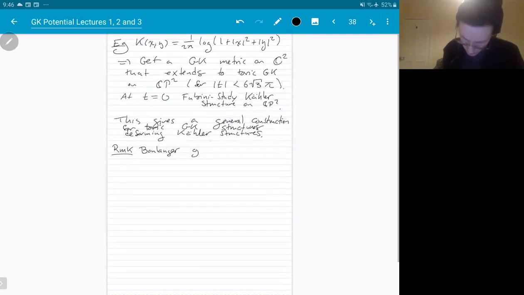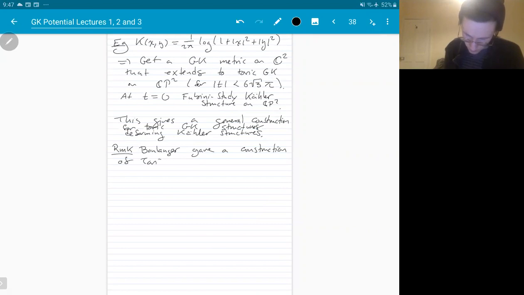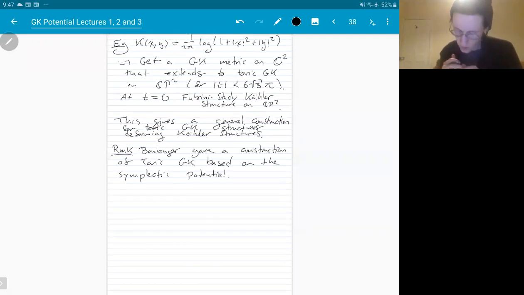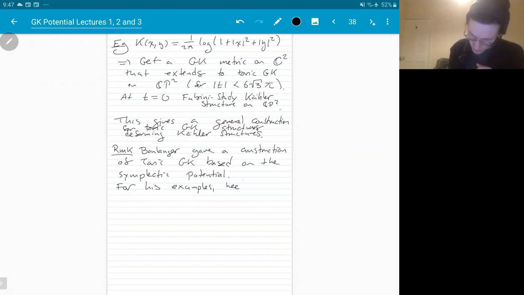I just wanted to mention that Boulanger gave a construction of toric generalized Kähler based on the symplectic potential. So you might ask how the two are related, but for his examples, he needed to require that T is imaginary.